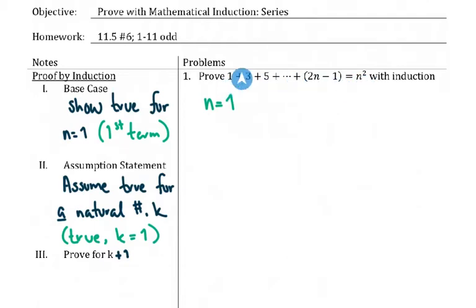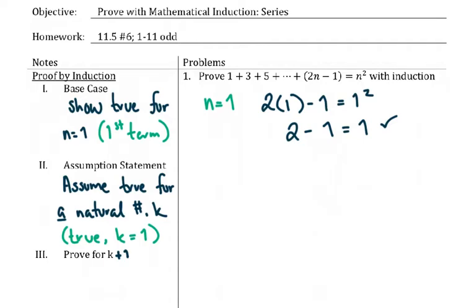So this is saying that 1 plus 3 plus 5, here the sum of the odd numbers, is equal to n squared. It's equal to a perfect square. So you're going to start with, okay, well, if n equals 1, that's 2 times 1 minus 1. And we don't write another term because you only want that first one, is equal to 1 squared. That's 2 minus 1, that's 1. Yep, this is true. So as I said, the base case, pretty easy.